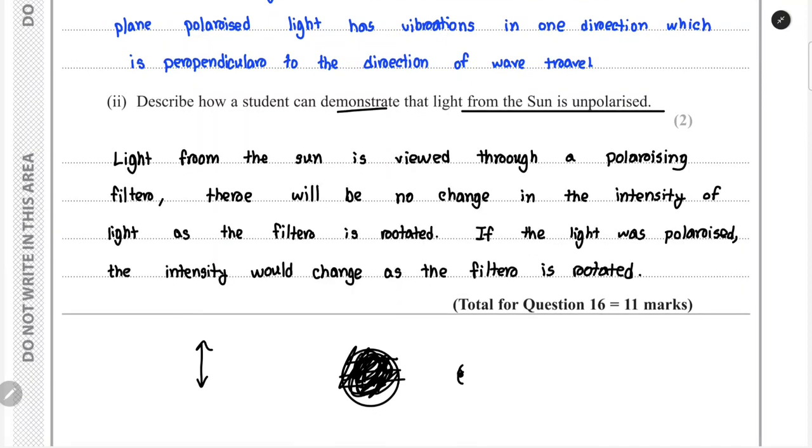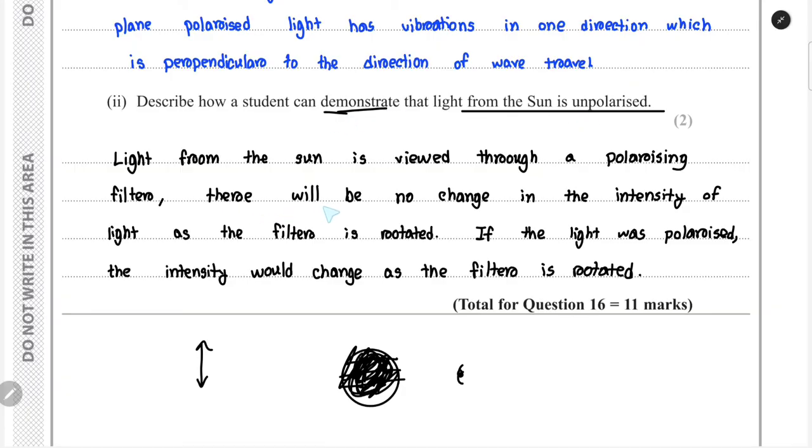So we write this answer down. At first we speak about how we will view the light of the sun through a polarizing filter, and that if it's unpolarized, we'll give the observation. Since we are already given the fact that the sun's light is unpolarized, all we have to do is demonstrate that.